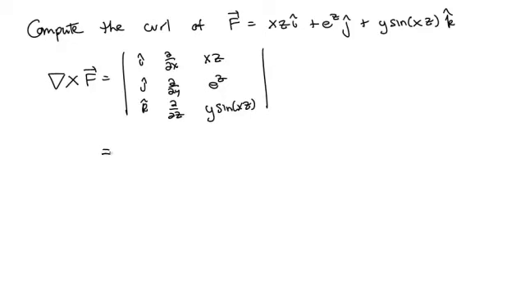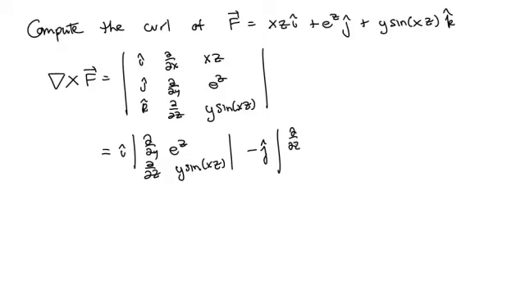And so if we expand along the first column, we'll have i times ∂y, ∂z, e to the z, y sine xz, minus j times ∂x, ∂z, xz, y sine xz, plus k times ∂x, ∂y, xz, e to the z.